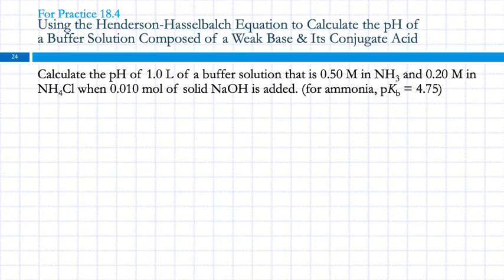We're adding hydroxide. So hydroxide ion is being added. What's that going to react with? The ammonia or the ammonium? The ammonium, right? It's going to react with the conjugate acid.